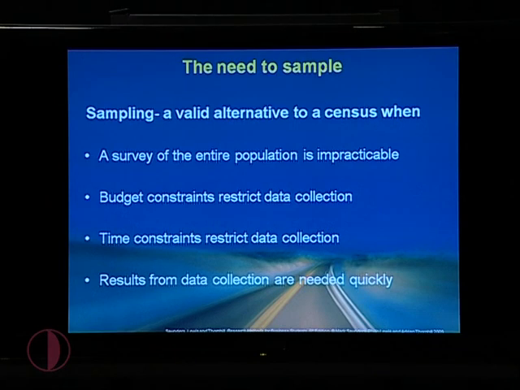There will be some constraints that make it impracticable to take all the population. It needs a lot of expenses, budget constraints for the collection. Also, it's time consuming, and we sometimes need the results as quickly as possible. So we need to have a sample instead of covering all the population.